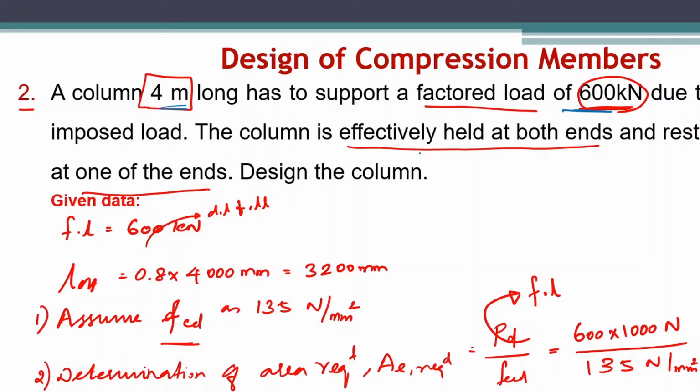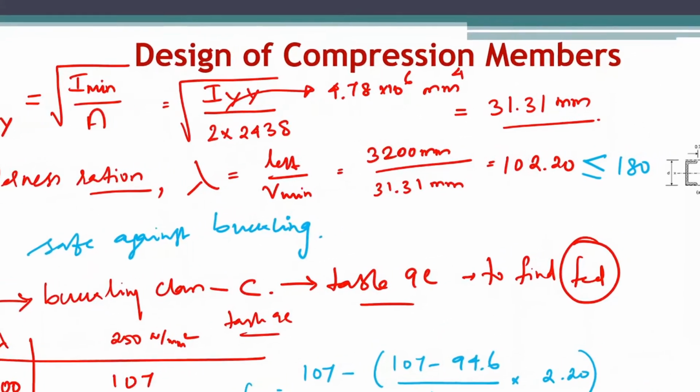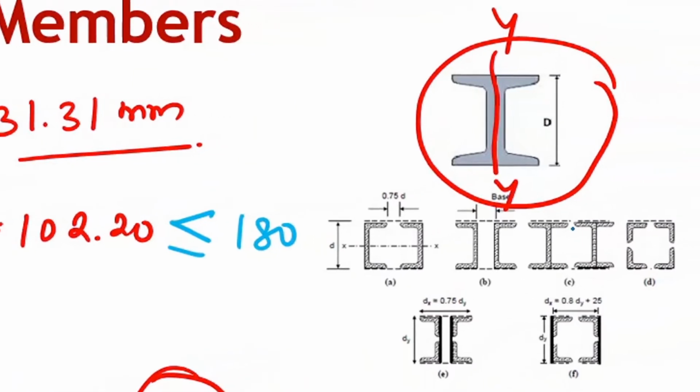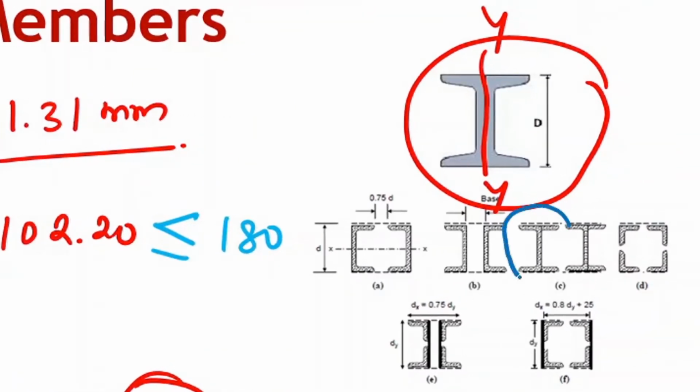Everything is the same. The only difference is the member which we have selected. In the first numerical, we selected a single I section to withstand that load. In this numerical, we have selected two channel sections attached back to back, but this section is not adequate.